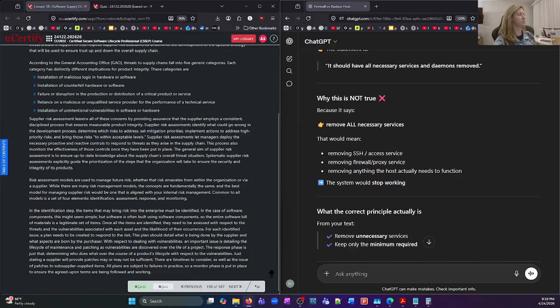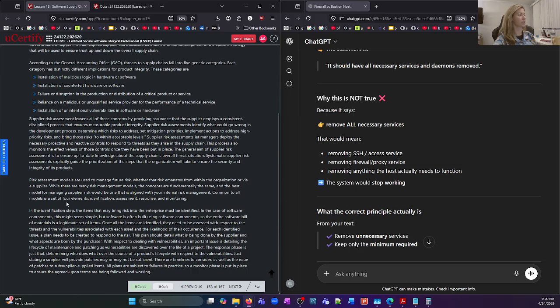Risk assessment models are used to manage future risk, whether the risk emanates from within the organization or via a supplier. While there are many risk management models, the concepts are fundamentally the same, and the best model for managing supplier risk would be one that is aligned with your internal risk management.